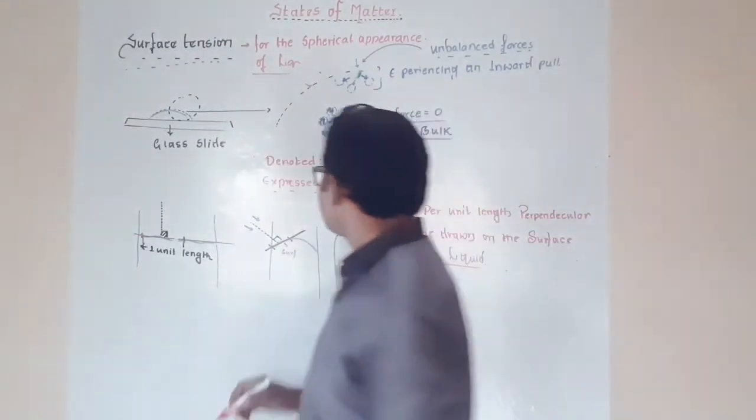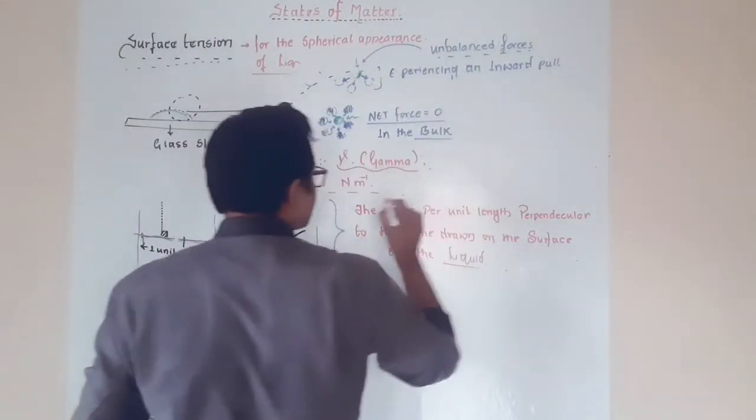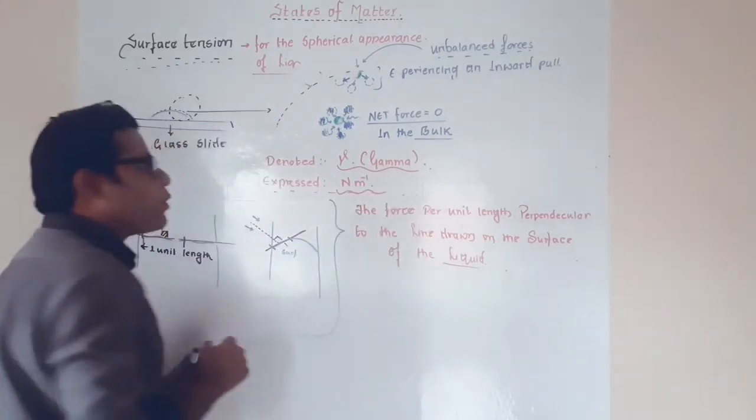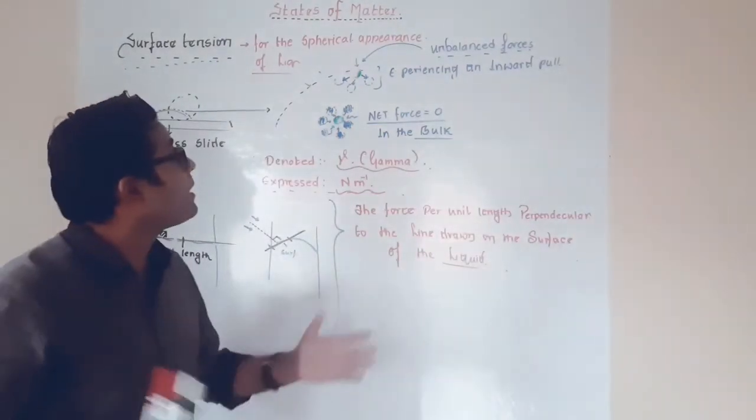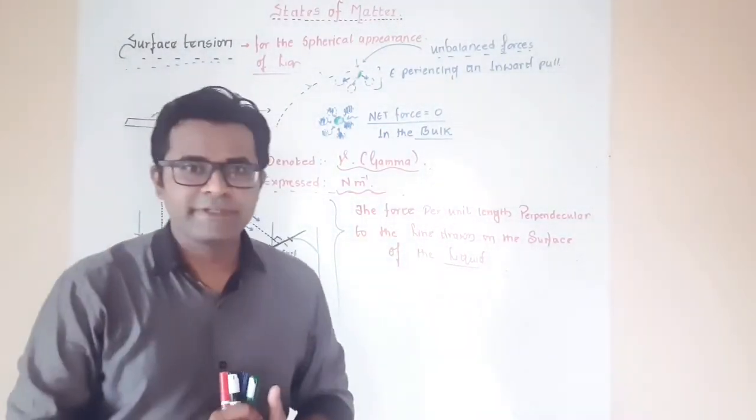Surface tension is given by gamma and is expressed in Newton per meter. So this is all about surface tension.